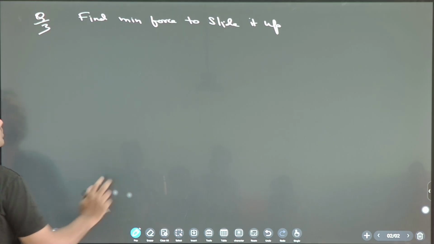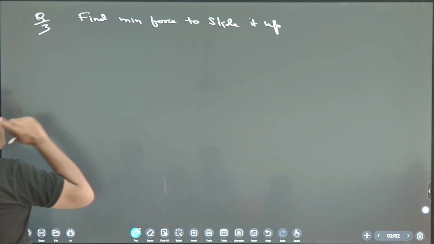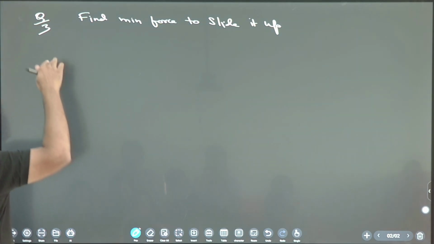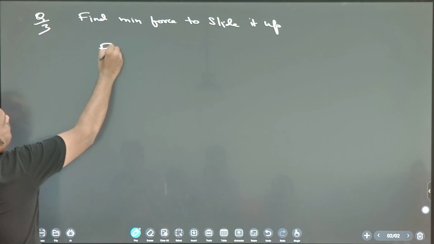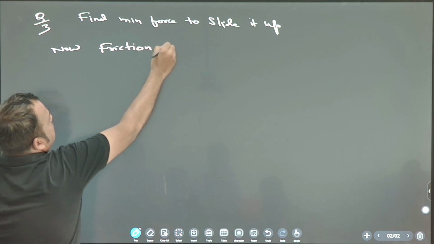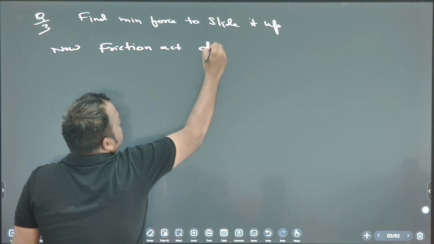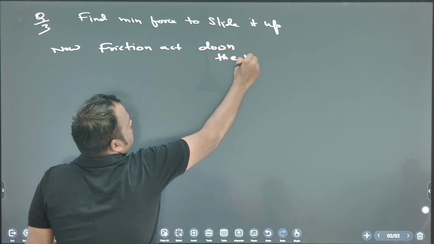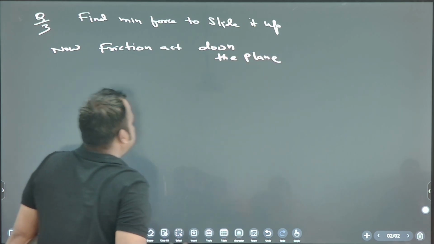So the first thing you notice, friction will act down the plane.